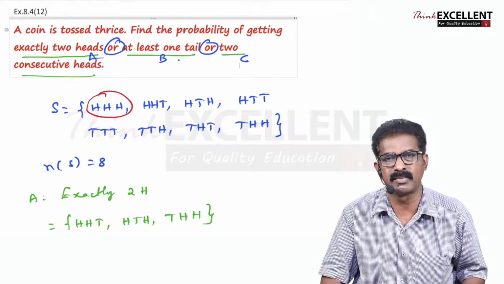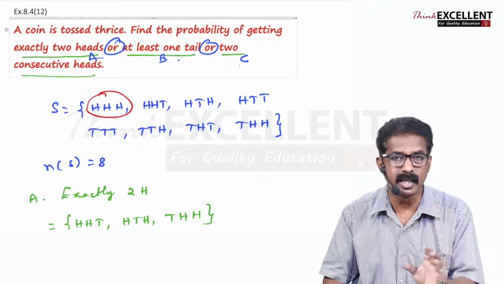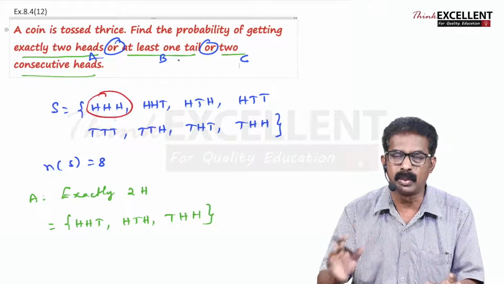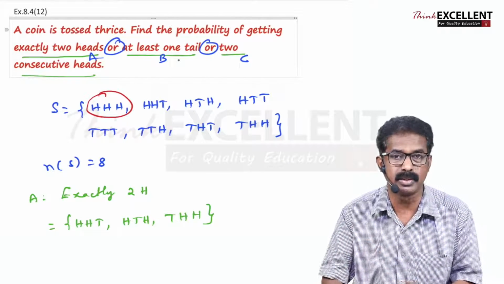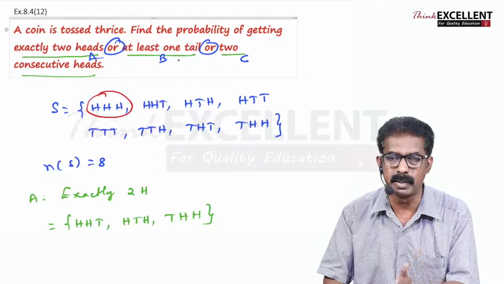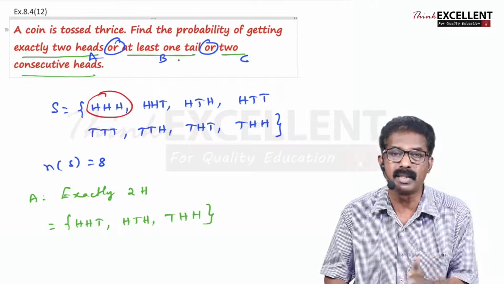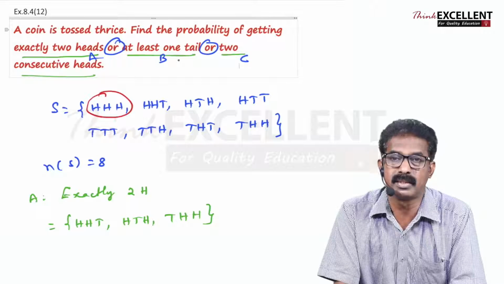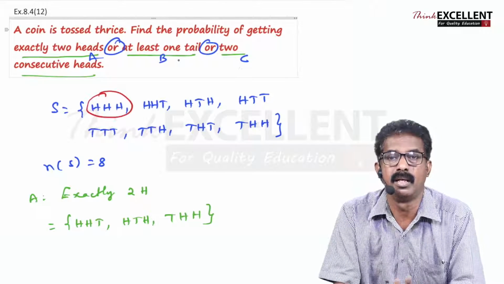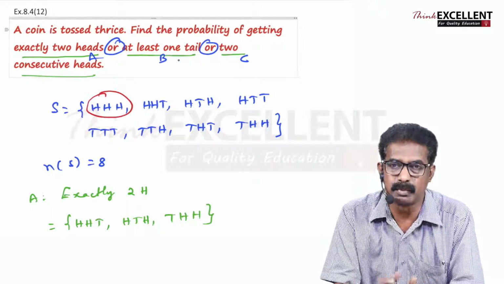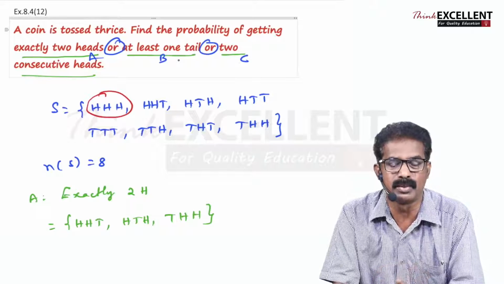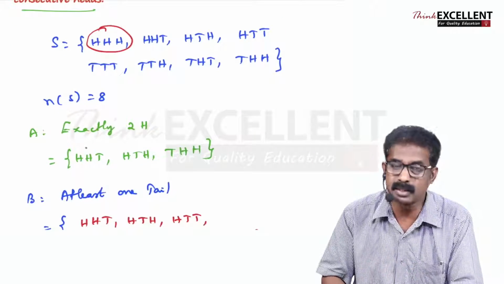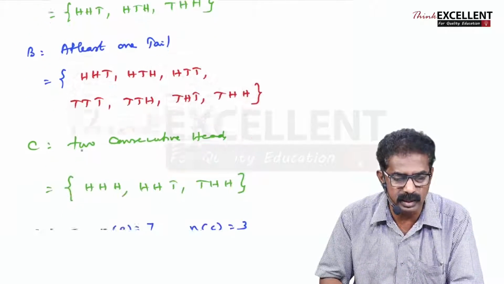You are remembering what that formula is? First 3, take 1 at a time positive, next 2 at a time negative, then 3 at a time positive. P of A plus P of B plus P of C, minus P of A intersection B, minus P of B intersection C, minus P of A intersection C, plus P of A intersection B intersection C. Okay, that we have to use. So A, B, C, major thing you got it. Now just to see the intersection.